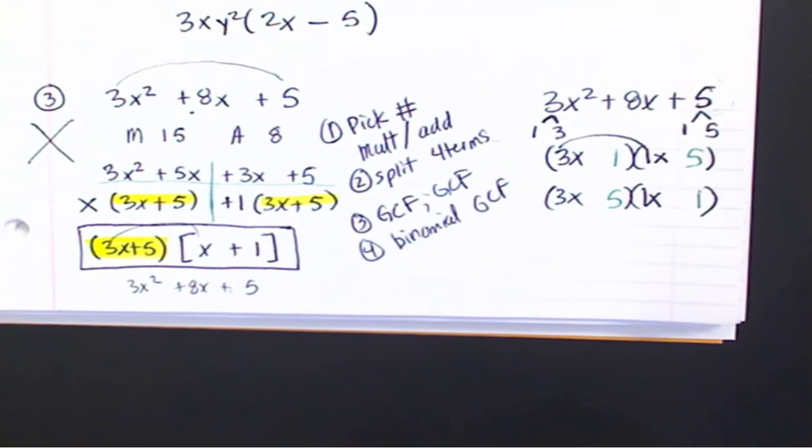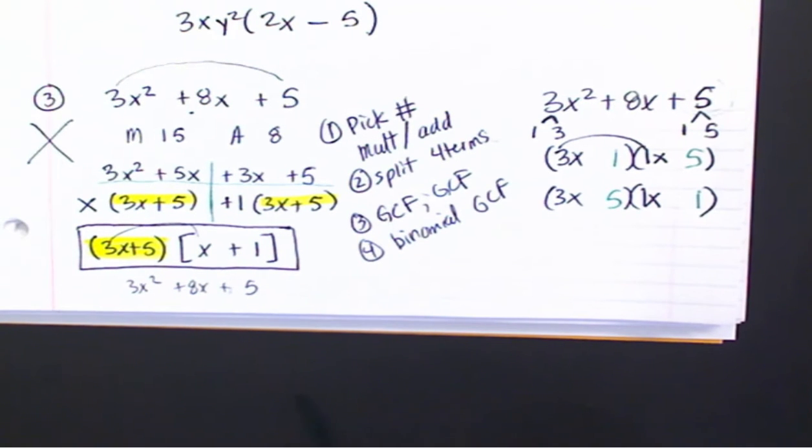I'm going to try it both ways. This is called strategic guess and check. I have a system. I'm not just throwing numbers down. Okay? I'm trying to systematically go through all the possibilities, which there's only 2 of them, and I'm going to check to see which one works.